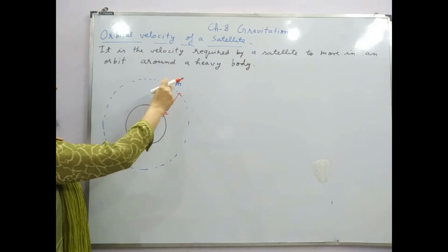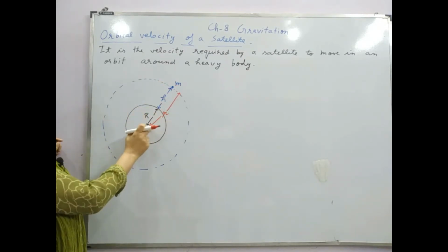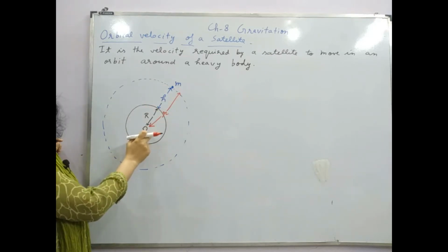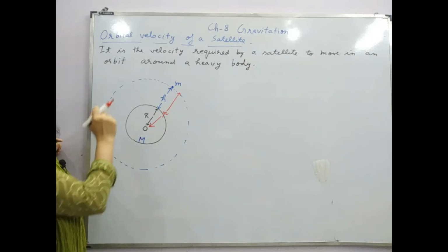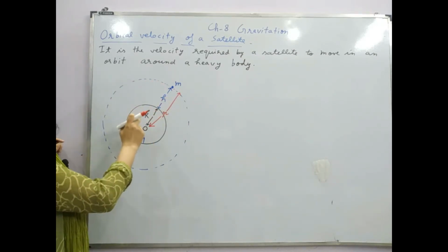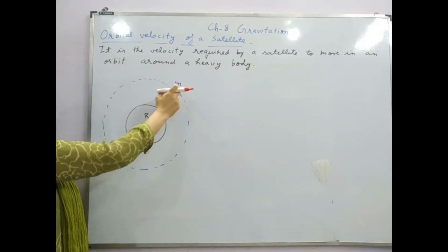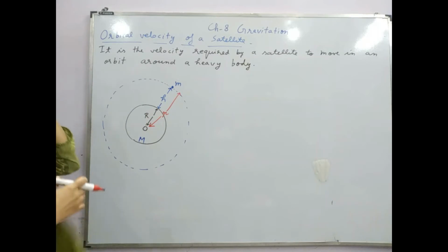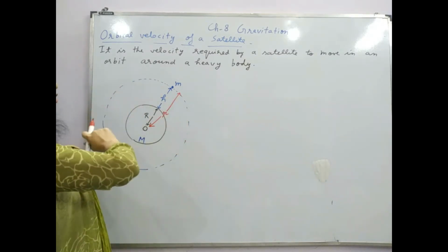Now which force is holding this satellite towards the center of the orbit? The centripetal force. And which force is providing this centripetal force? The gravitational force acting between the Earth and the satellite is providing the centripetal force necessary for its orbital motion.